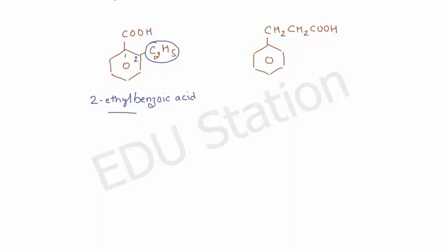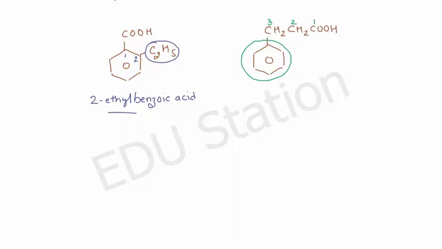In the second case, you have acid, but this acid is not directly attached to the benzene ring. So this ring will not be preferred. This is out. So you take this as the acid. Acid is most preferred, so this will be 1, this will be 2, and this will be 3. So the principal chain in this case has 3 carbons.